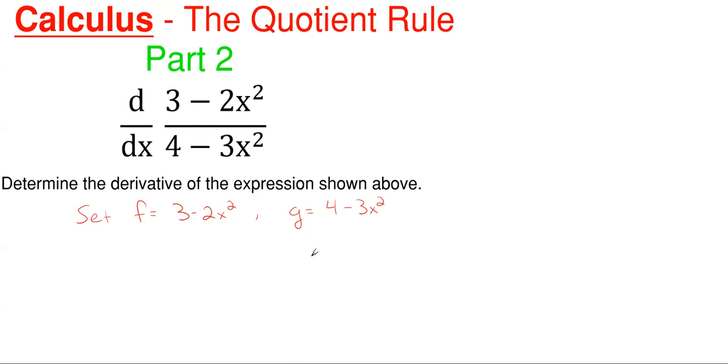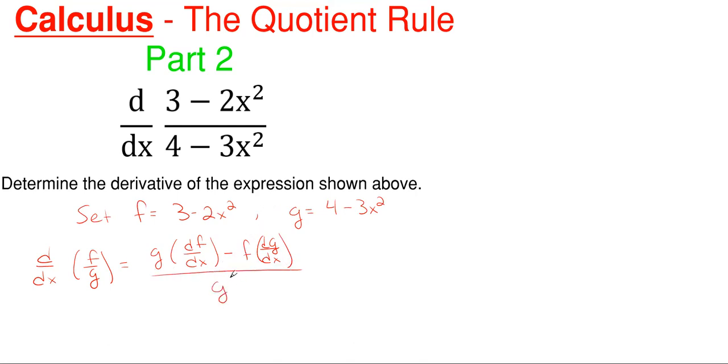Now, to properly use the quotient rule, we have the derivative with respect to x of f over g. This would be your quotient rule, which would be g times df/dx minus f times dg/dx, and then all of that divided by g squared.